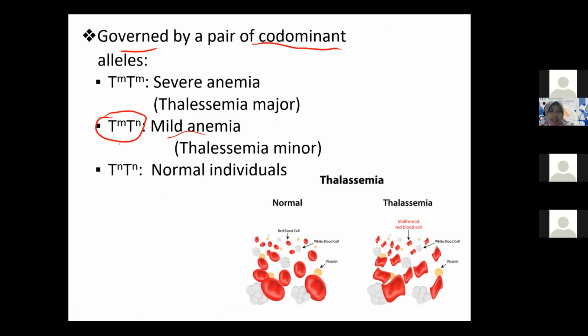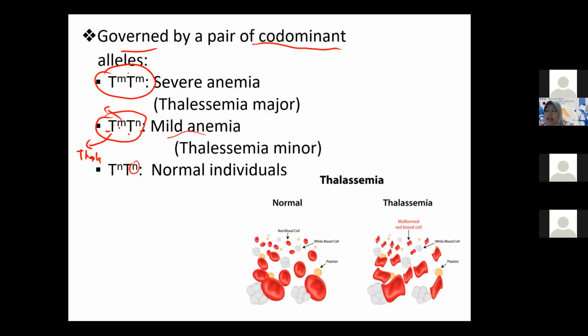Cara nak tulis genotype itu, you can see TM and TN. T stands for thalassemia, and M and N are the alleles of thalassemia. N means normal, M refers to thalassemia major. So for a person with thalassemia major, the genotype is TM TM, and for a normal individual, it is TN TN.